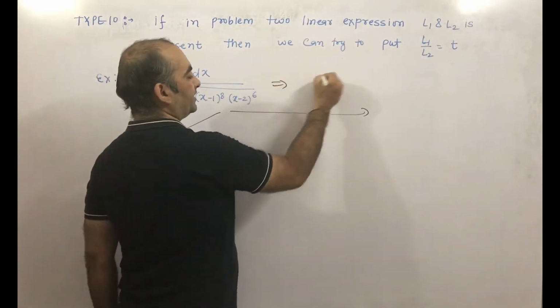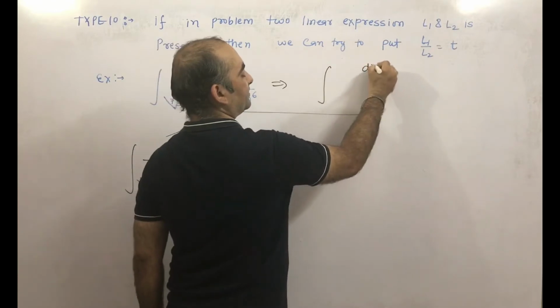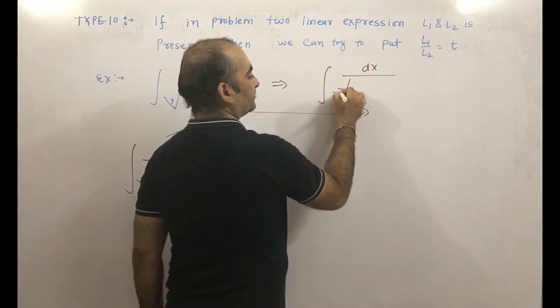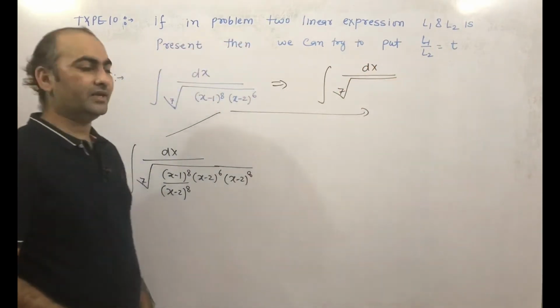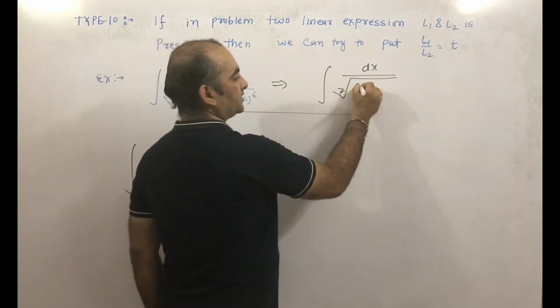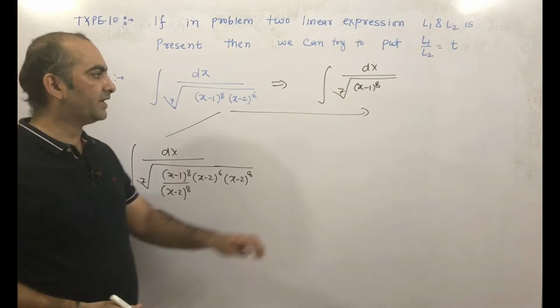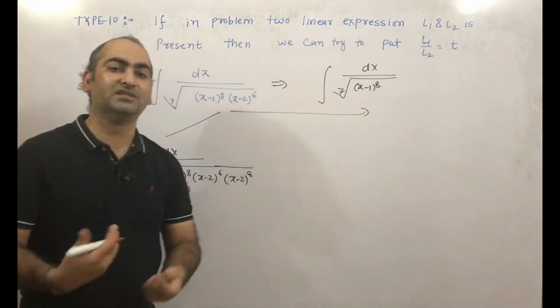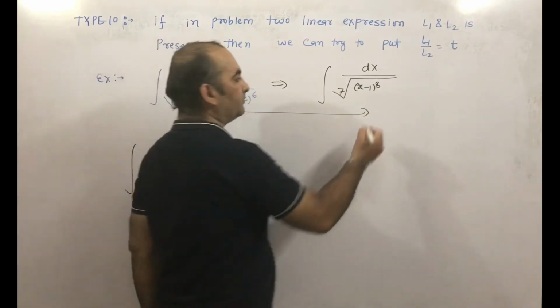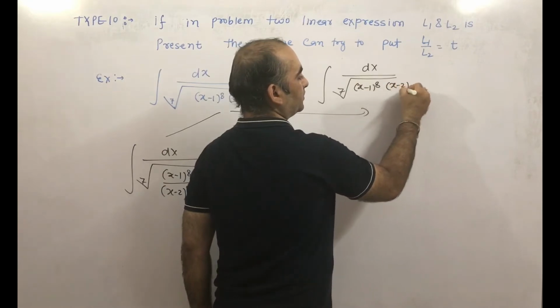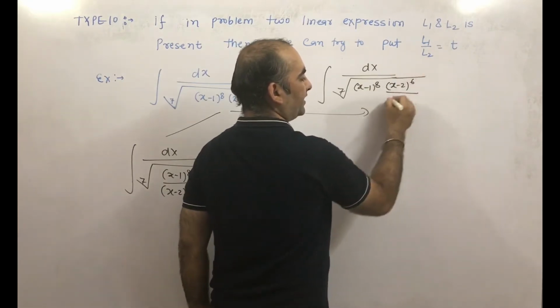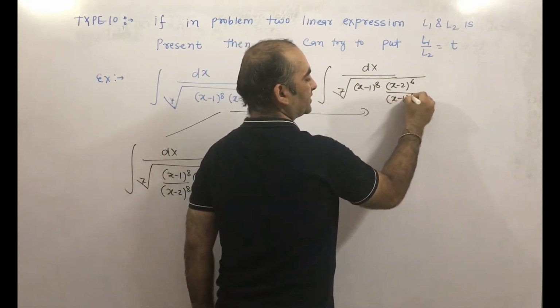If you want, we can convert integration of dx divided by 7th root of (x minus 1) to the power 8. Now here we will try to make x minus 2 divided by x minus 1. So here we can take (x minus 2) to the power 6, and we divide by (x minus 1) to the power 6.